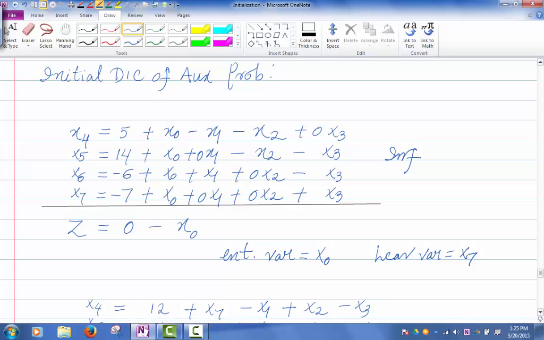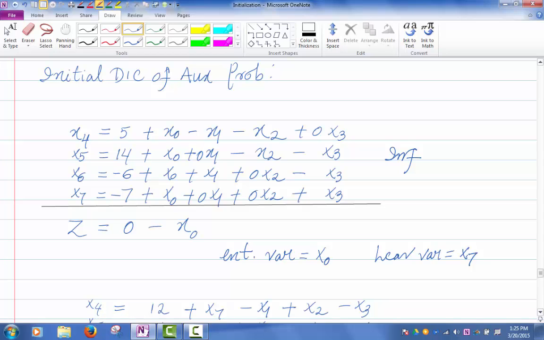Now, once I do choose them, then how do I go to the next dictionary? x0 will enter, x7 will leave, right? So what's the pivoting operation now? x7 leaves, so look at the row for the leaving variable.